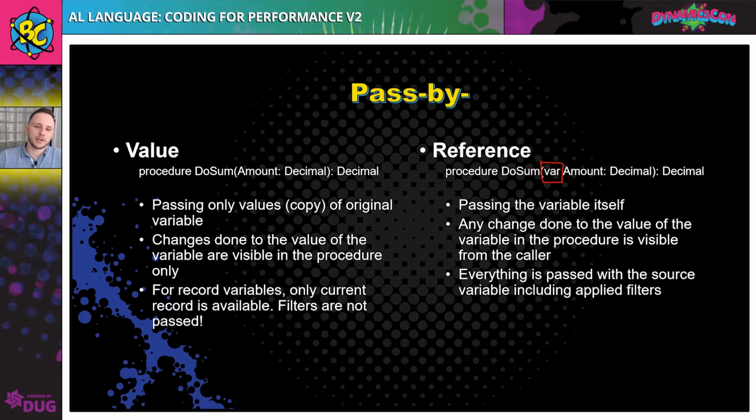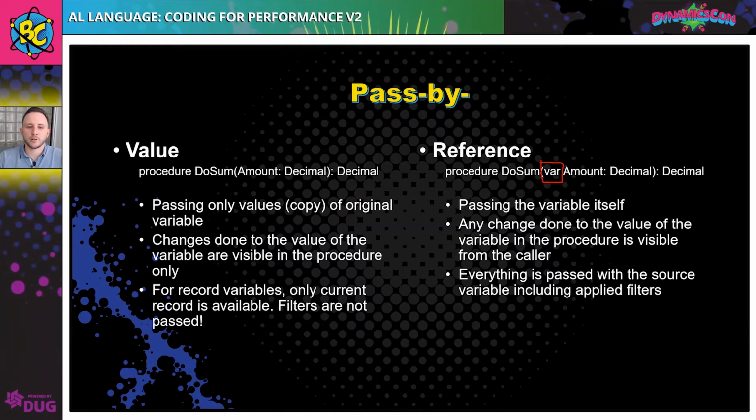So if you are passing the general ledger entry record, then for example 100 fields and their values are passed. Here only a link to the record is passed. So this is always quicker. There are also some other differences. With pass by value you cannot pass filters.